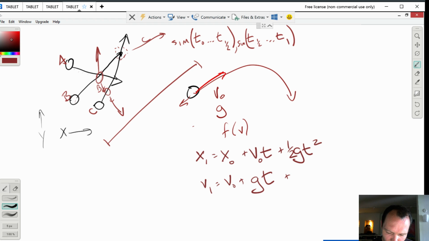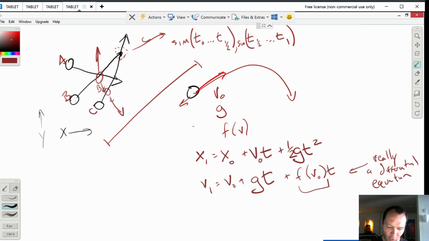Then if you're discretely evaluating it, you might do something sloppy like f of v naught t, right? The problem is that this is really a differential equation, because the parameter to f is the velocity, and the velocity is changing during the time step.